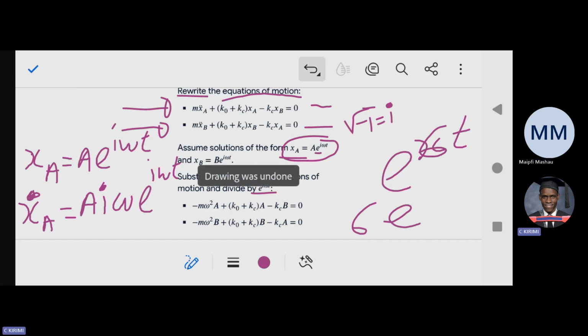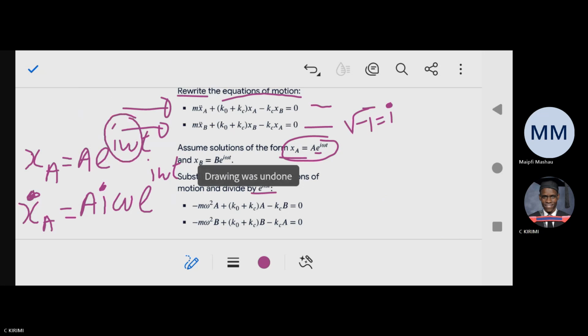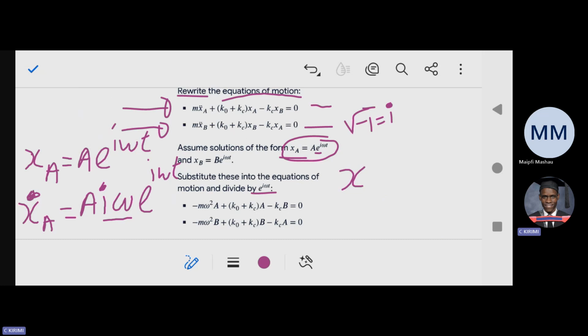That's how you differentiate, so we are applying the same principle here. Here i omega is a constant, so you multiply by the constant outside, and then you repeat the exponential. That is the first derivative. Then you find the second derivative, which means how many dots? 2. To be equal to.